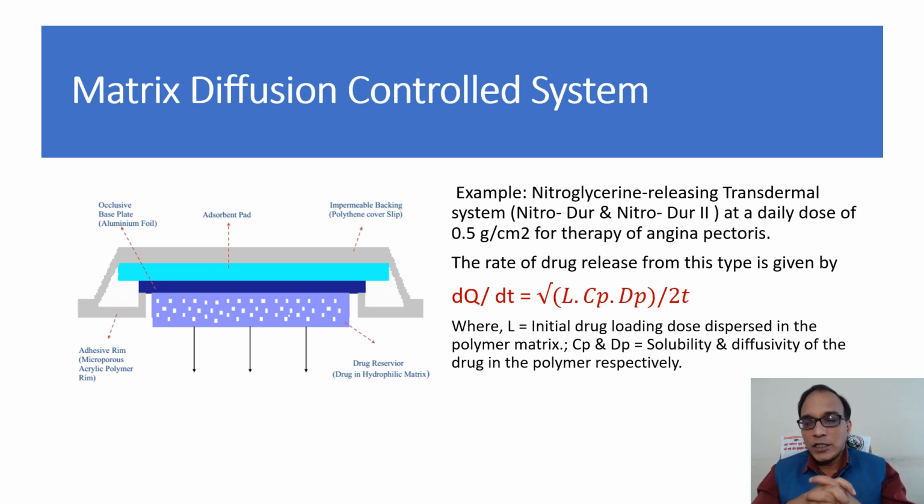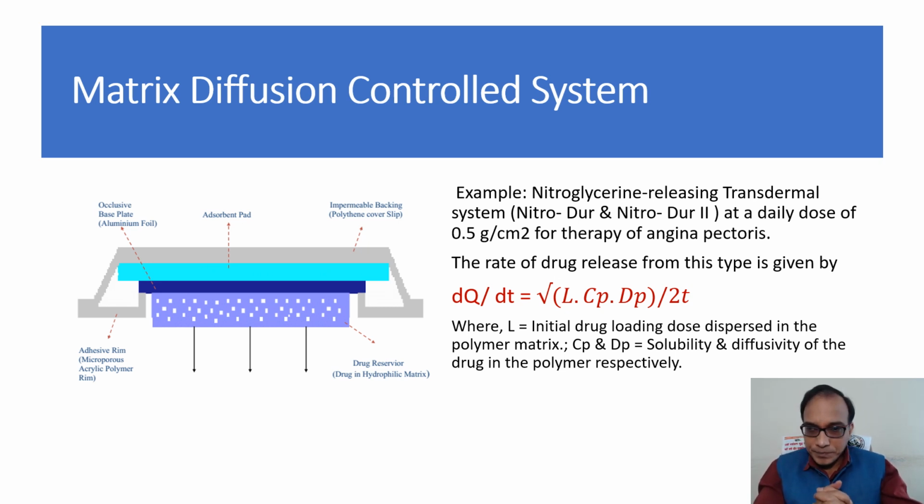Again, dQ/dt can be given by the square root of L into Cp into Dp divided by 2t, where L is the initial drug loading dose dispersed in the polymer matrix, and Cp and Dp are the solubility and diffusivity of the drug in the polymer respectively.